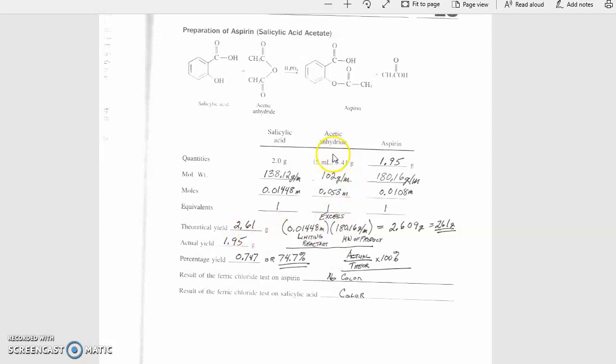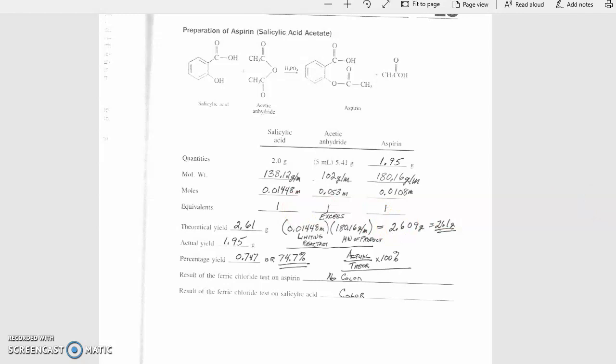And this right here, if it's in excess, doesn't enter into the equation at all. Well, it doesn't enter into the rate determining equation at all. And if this is the actual yield and this is the theoretical yield, the actual divided by theoretical times 100% gives you a 74.7% yield.